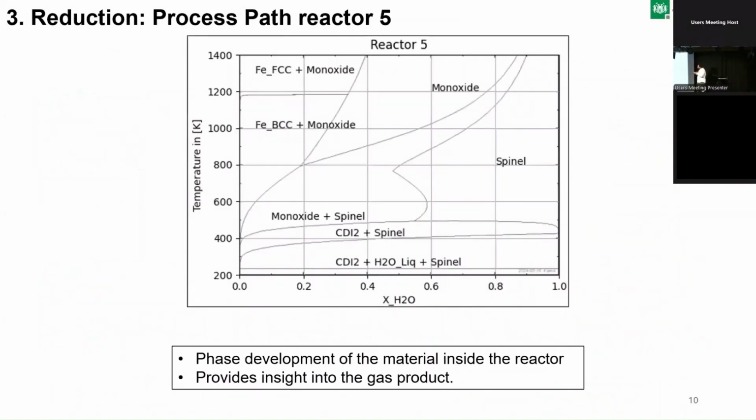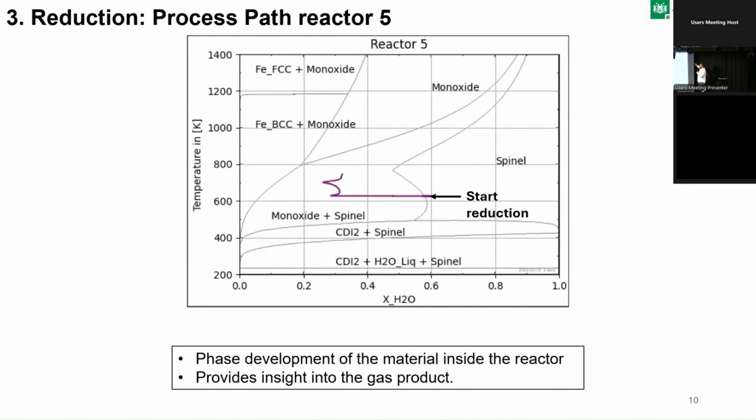So if we analyze reactor 5 more closely, which is actually the last reactor, it gives us insight about our process gas. What is the composition of the gas we will have at the end of the process? Here we started in a spinel phase, and then with time we can see the development, or the process path, of the reactor.